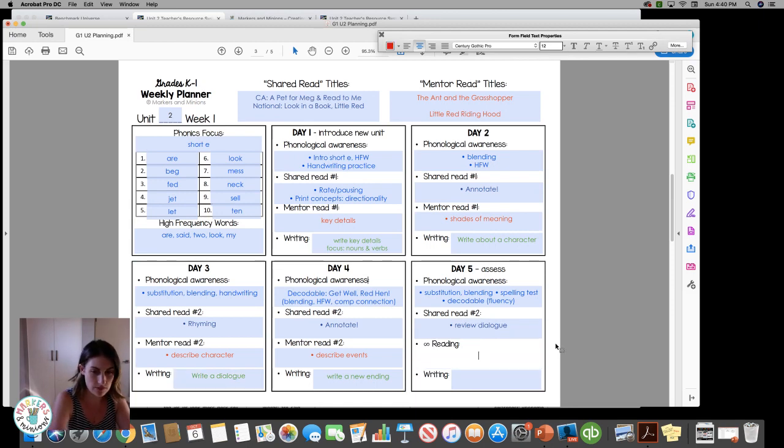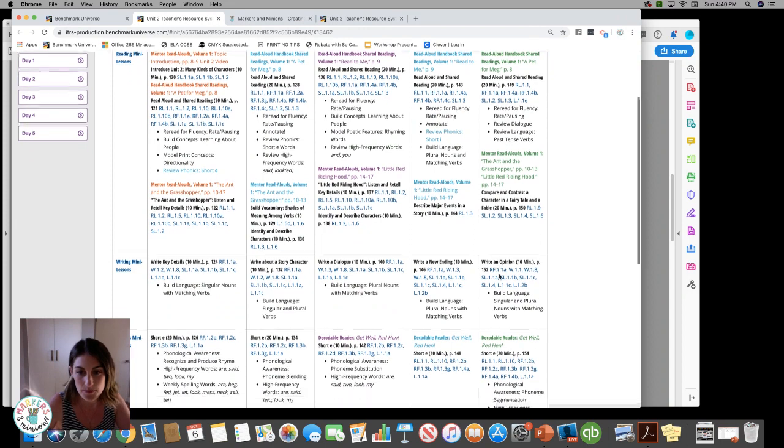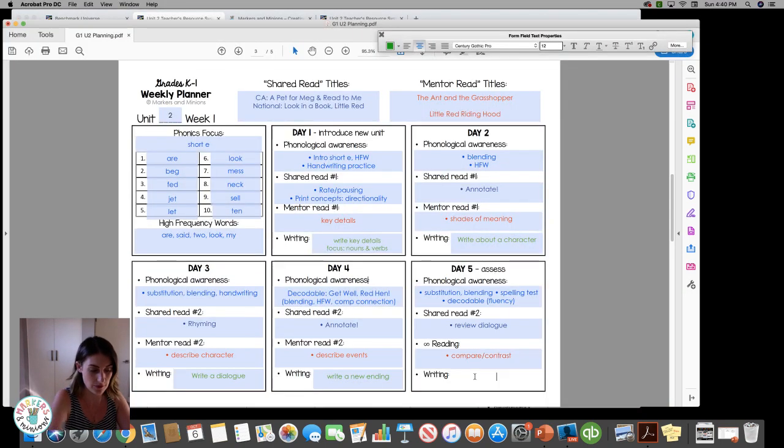And then this is going to be your compare contrast lesson. So that little connection symbol, where they're using both mentor reads from the week and they're doing a compare contrast on that. And then writing is write an opinion. So your day 5 is really packed.